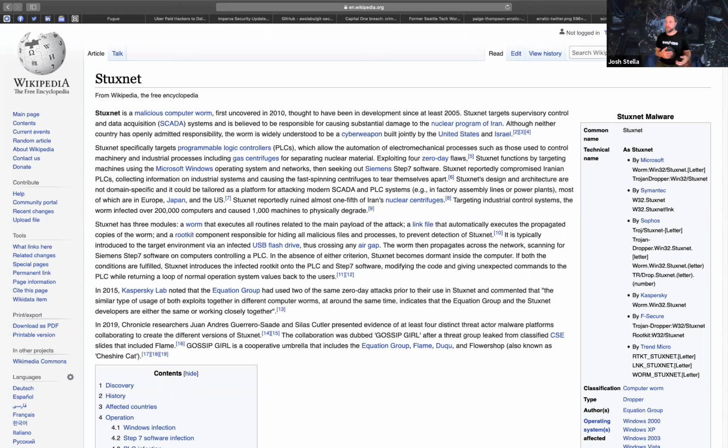It's a protocol that's used for controlling real-world hardware, physical devices, from software. So also think about power plants, right? In this case, we're talking about uranium centrifuges.